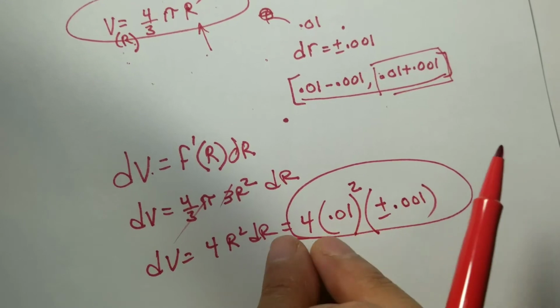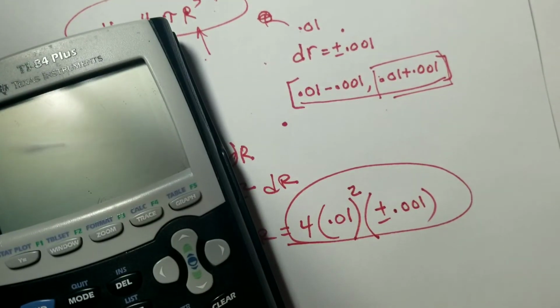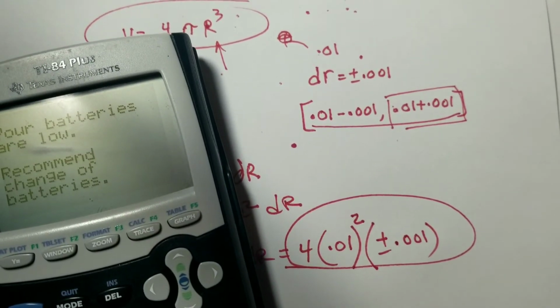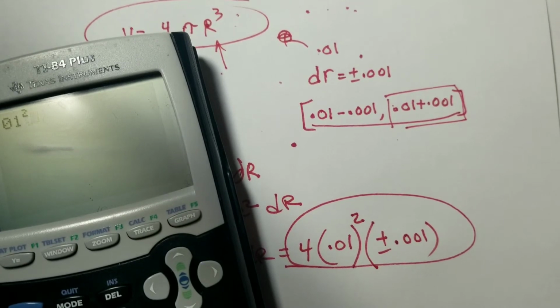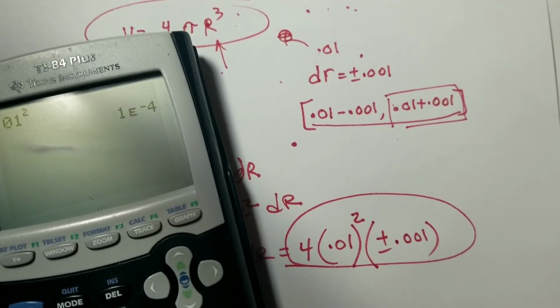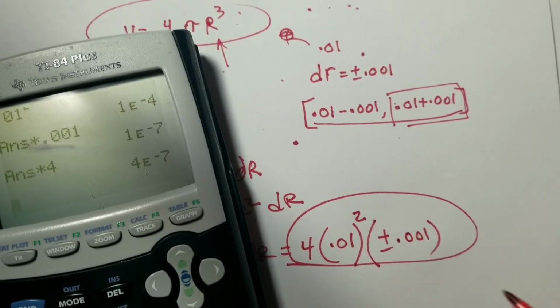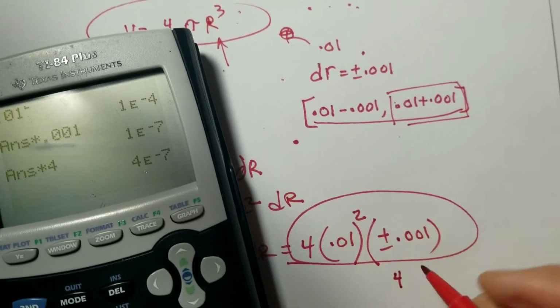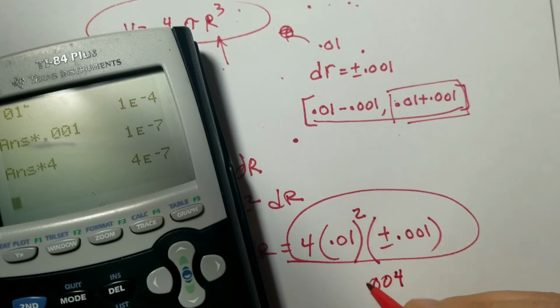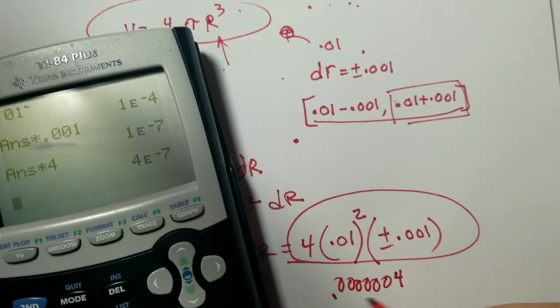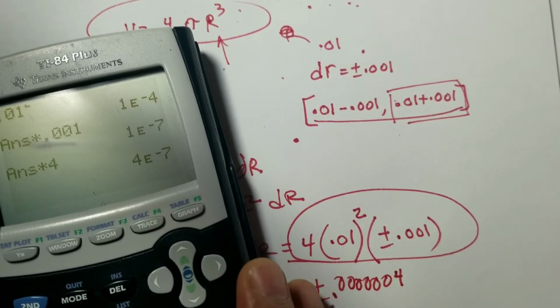All you have to do is square that, multiply by 4. Therefore, 0.01 squared times 0.001 times 4. I need 7 decimal places, and I need a plus or minus.